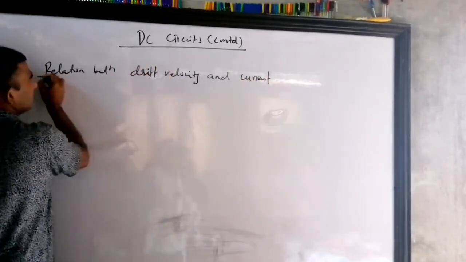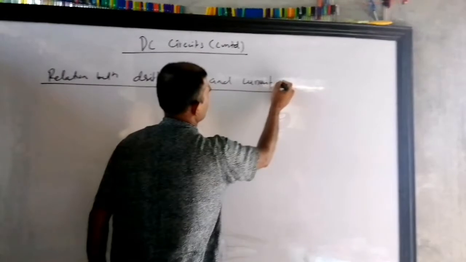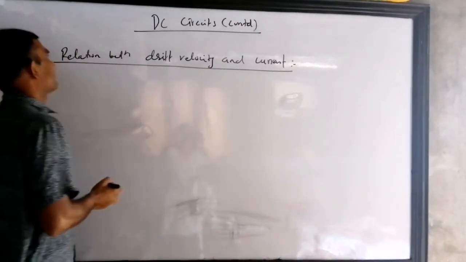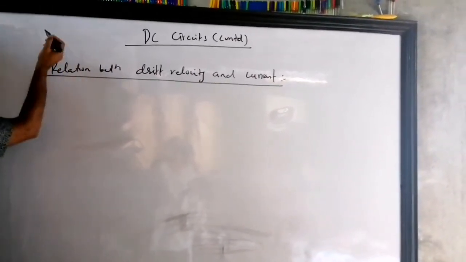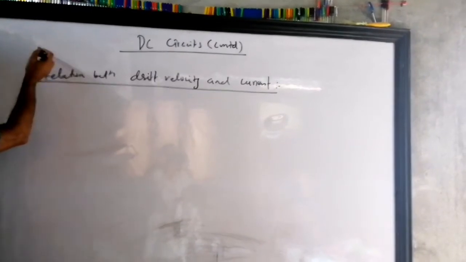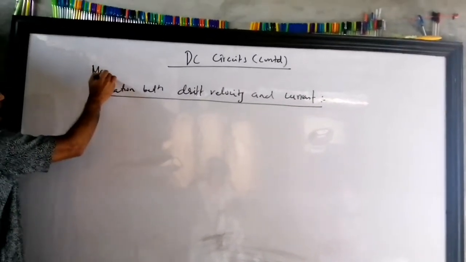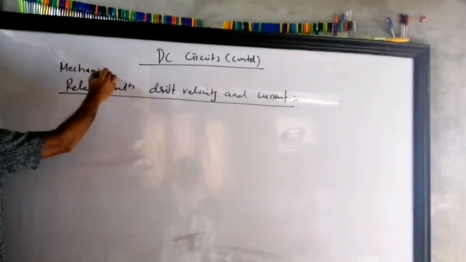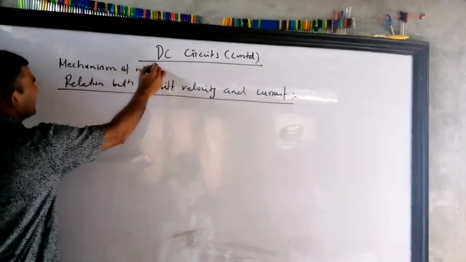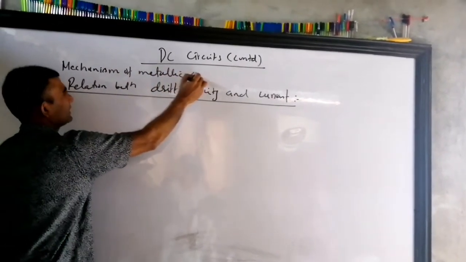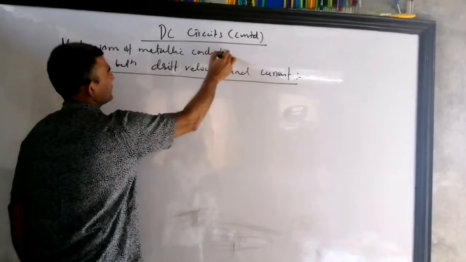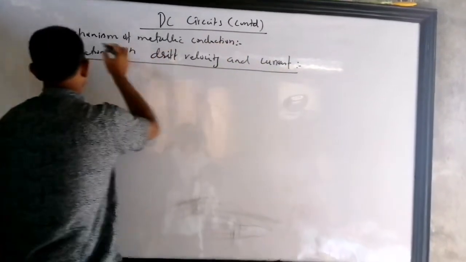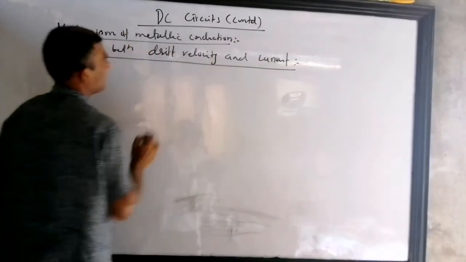Sometimes it may be the relation between drift velocity and current density. In some books the topic is called the mechanism of metallic conduction. So this is a very important topic, and so pay attention.